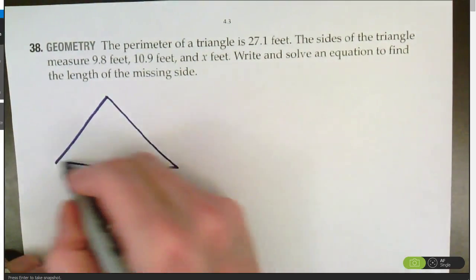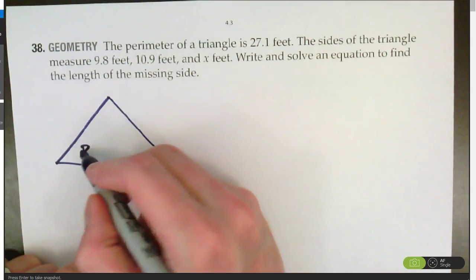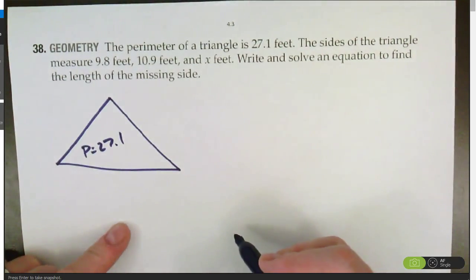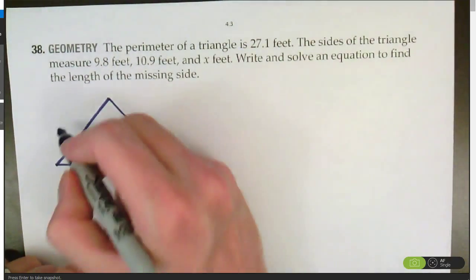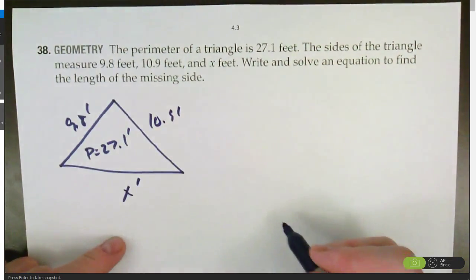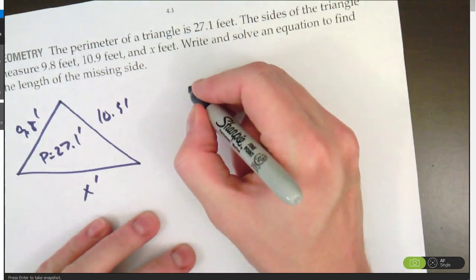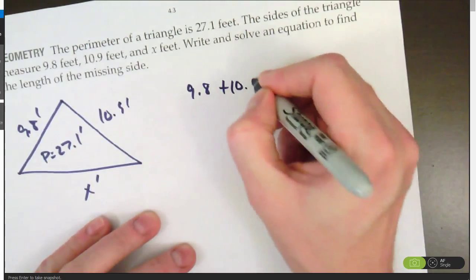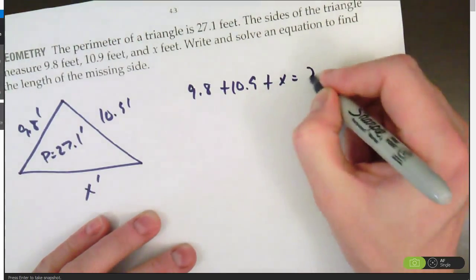I have a triangle. I'll just draw one. The perimeter is 27.1 feet. We've got 9.8 feet, 10.9 feet, and then x feet. So how do you find perimeter? Well, you add up all three sides. So 9.8 plus 10.9 plus x has to equal 27.1.